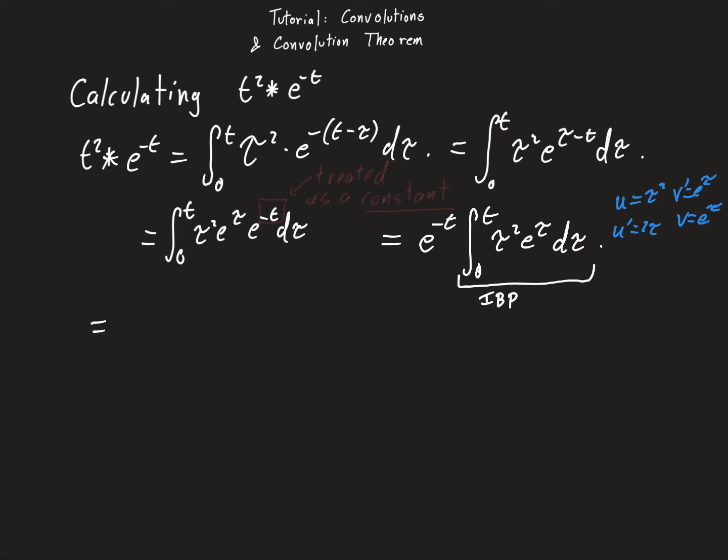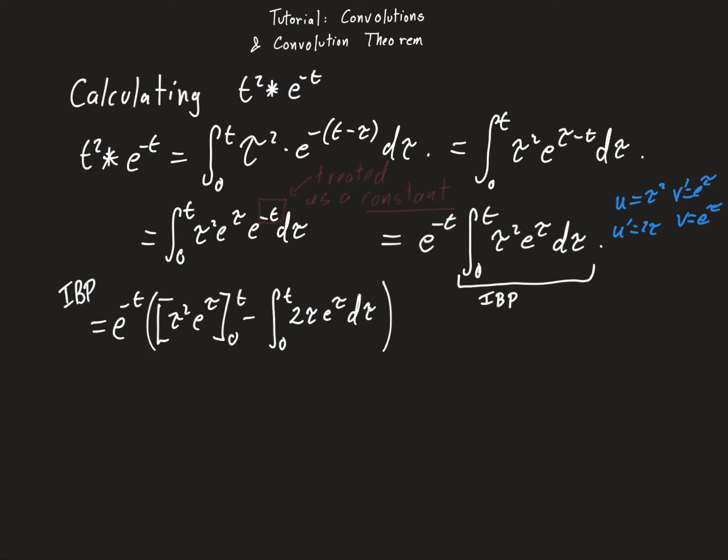All right. So by integration by parts, what have I gotten? Well, I still have that e to the negative t out in front. And what is it multiplying? We're going to have u times v, in other words, tau squared times e to the tau from 0 to t, minus the integral from 0 to t of 2 tau e to the tau d tau.